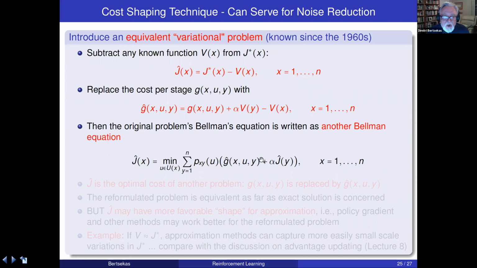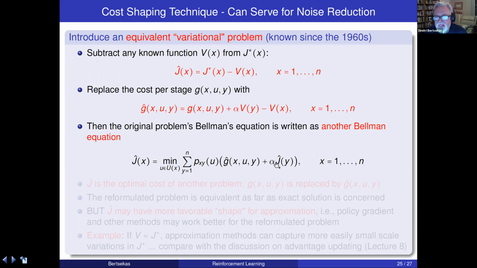Okay, so let's look at this equation. If you use the definition of J hat and the definition of G hat, then this equation is identical to the Bellman equation of the original problem. So the original problem's Bellman equation, J star equals min sum of p_xy(u) times g plus alpha J star, can be written in this form.